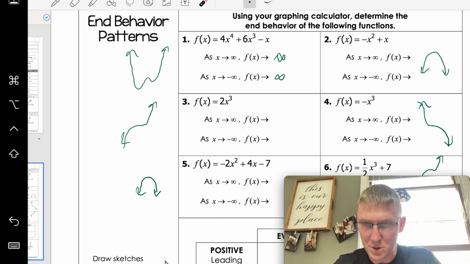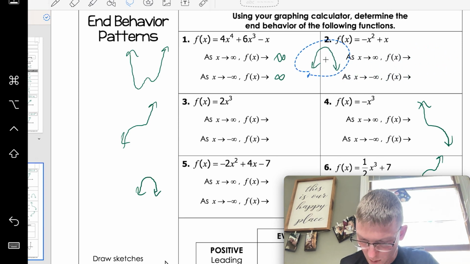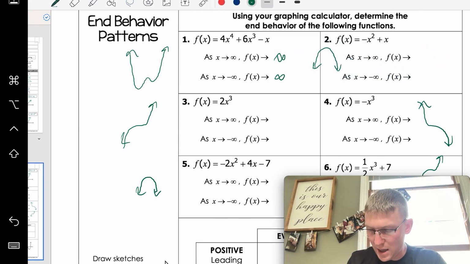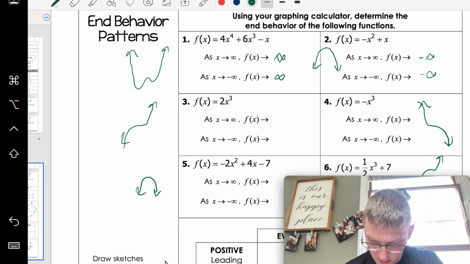If we look at number 2, it's a negative x squared, so we know it's going to be a parabola. That means the end behavior is negative infinity in both directions, positive and negative. Moving right along, we've got 2x cubed.